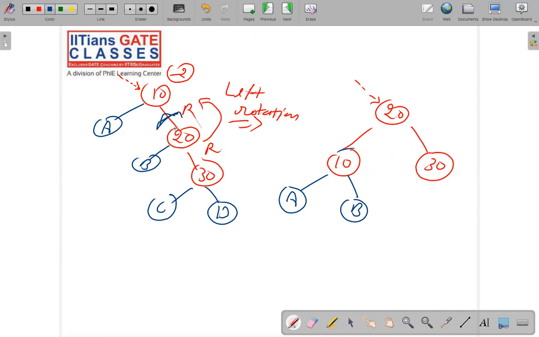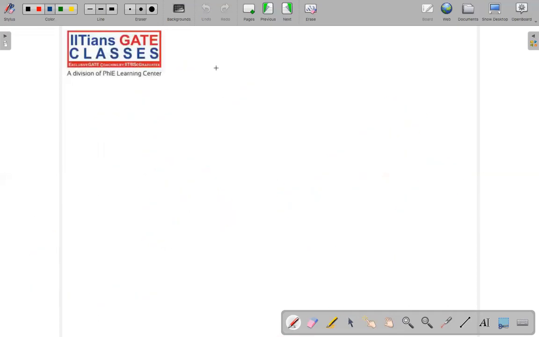And B is also indirectly on the left of 20, as in the initial tree. C and D will remain the same. So this is left rotation. Similarly, we will do right rotation for the LL problem. So now we are going to talk about the LL problem.